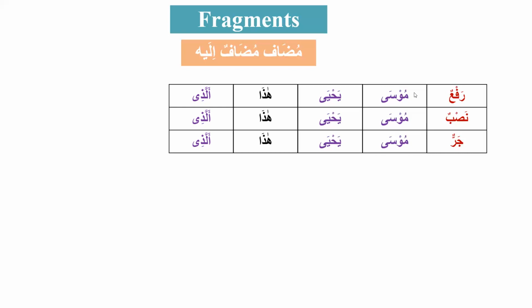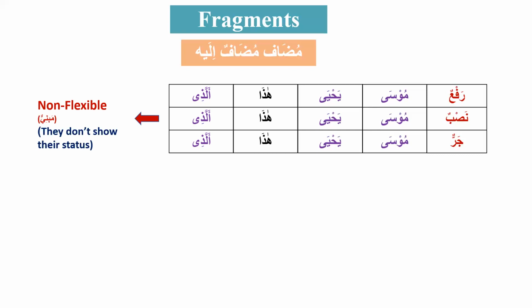You see, Musa is Rafa is Musa, Nasab is Musa, Jar is Musa. It has no flexibility. So what are these words? They are non-flexible words. This is how we learn them. Under the topic of flexibility, we learned this.